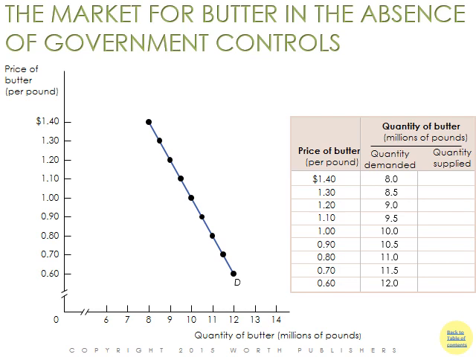When the price is relatively high, when the price is $1.40, the quantity demanded is 8 million, relatively low. And if we plot this point, when the price is $1.40, the quantity demanded is 8 million. When the price goes down to $1, the quantity demanded increases to 10 million.